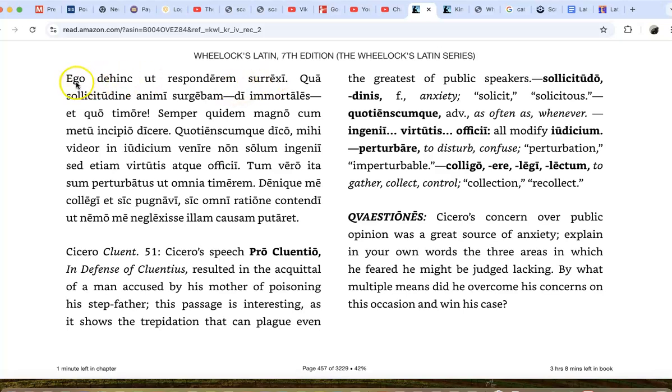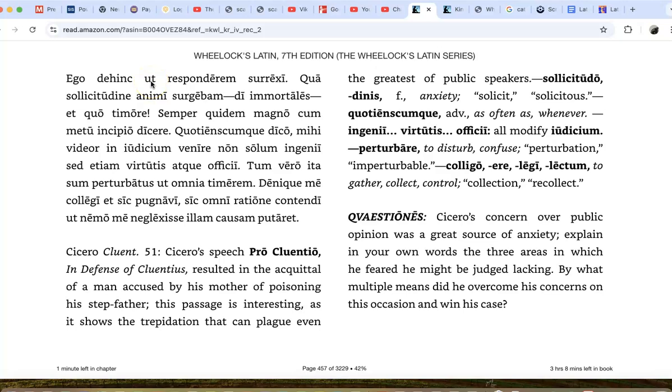But for rhetorical emphasis, you'll often see the pronoun emphasized. And so in this case, we actually do have a pronoun, like in English. And so then I got up to respond.